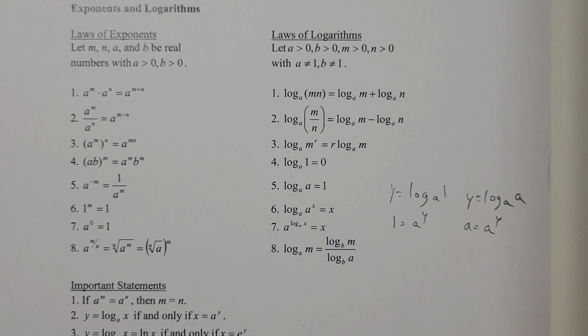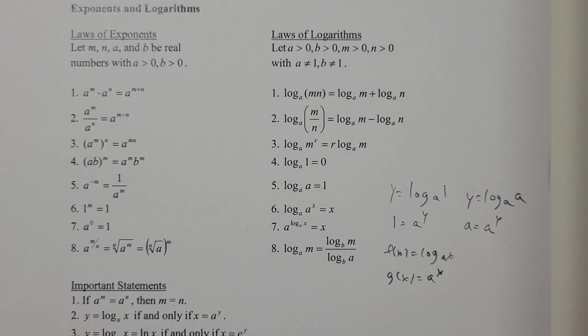Laws 6 and 7 kind of go hand in hand by just knowing that the inverse of a logarithm is an exponential. Okay, so if I have f of x equals log base a of x and g of x equals a to the x, those two functions are inverses of each other. Okay, and how do you know if two functions are inverses of each other?